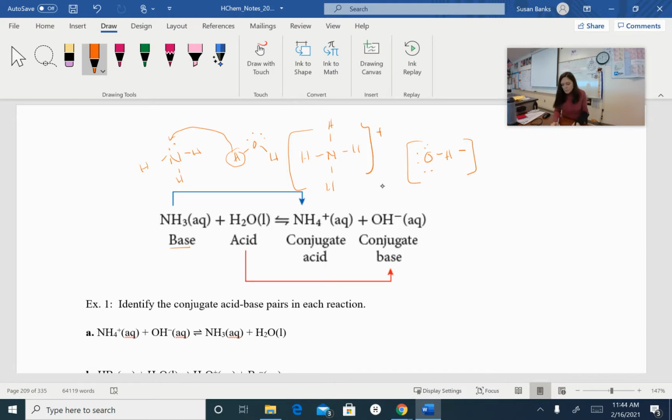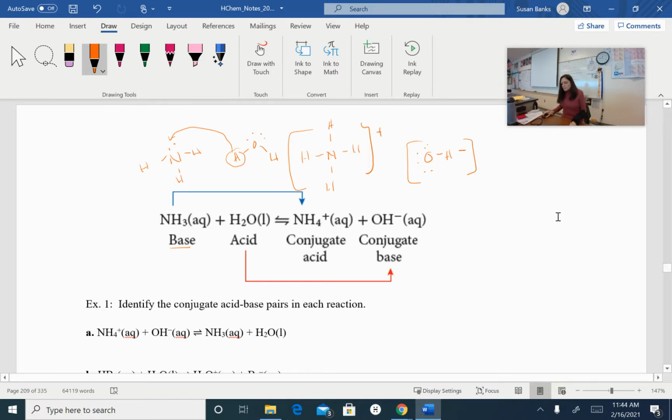So here ammonia is our base, water is acting as an acid because it's donating a proton. Our conjugate acid is the ammonium ion, and our conjugate base is the hydroxide ion. Okay, so yes, water can act as both an acid or a base depending on what it's working with.